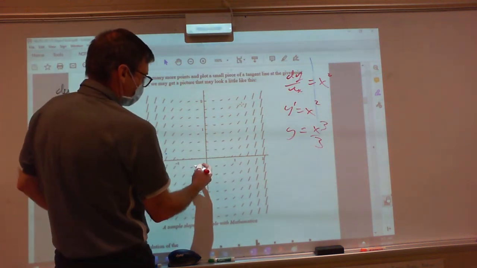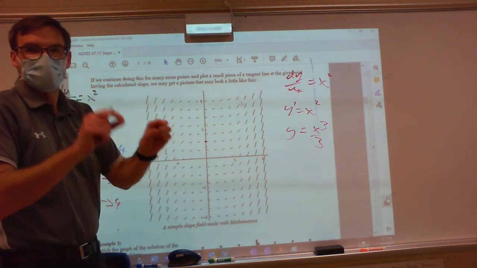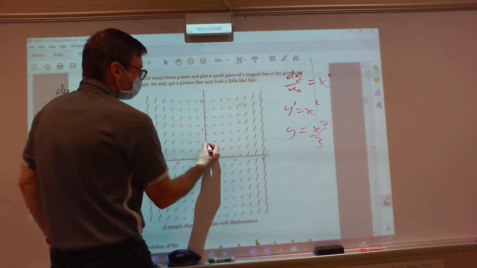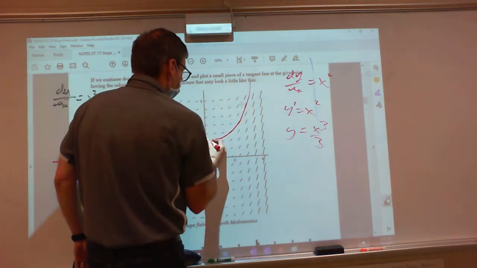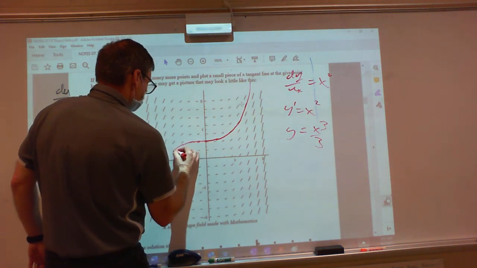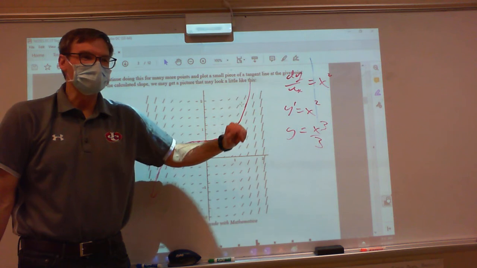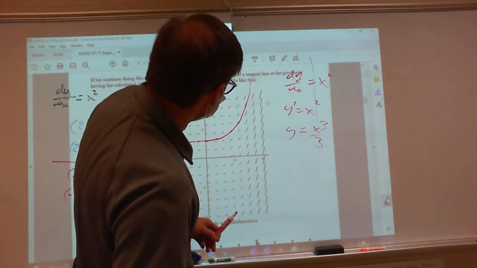This is the same slope field, but done not at every integer value, but at many values, and then it's much easier to draw your curve graph if you have more slopes to deal with.